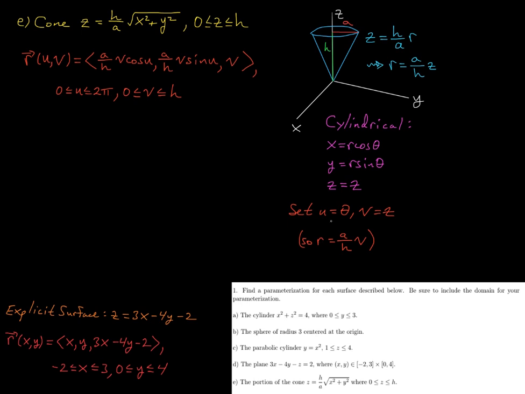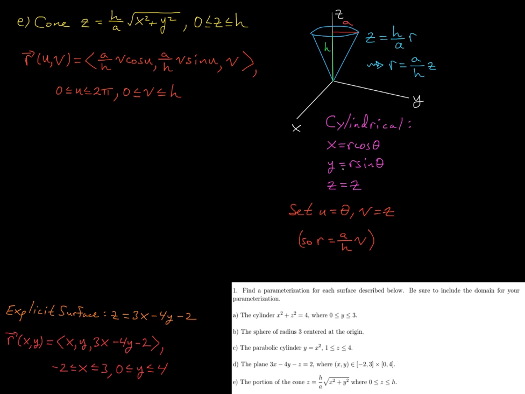And also just to remind yourself that if I set v to z, and I also know that r is equal to a over h times z, then r is a over h times v. And so now punching all that stuff in here, we'll get x is equal to r, which is a over h times v, times the cosine of theta, and u is theta, so we just get the cosine of u.